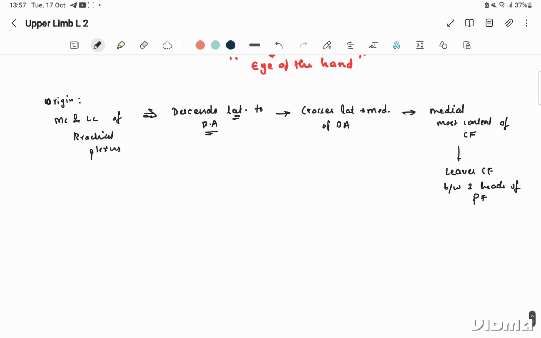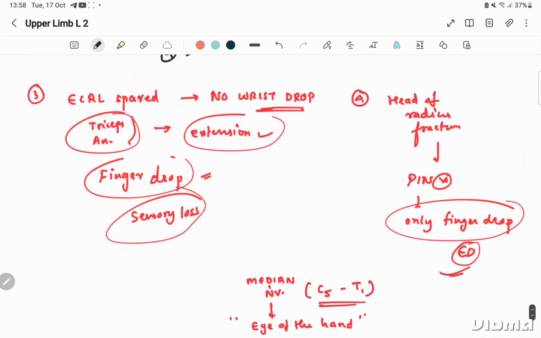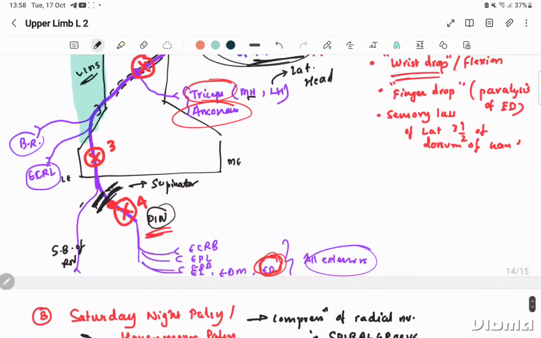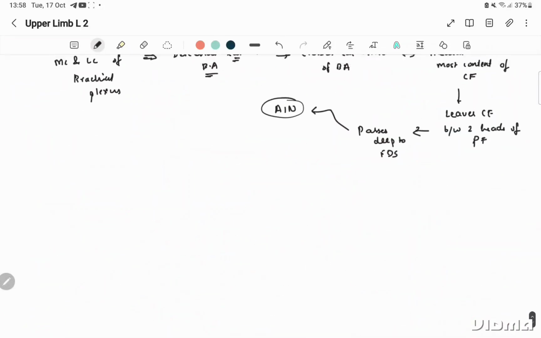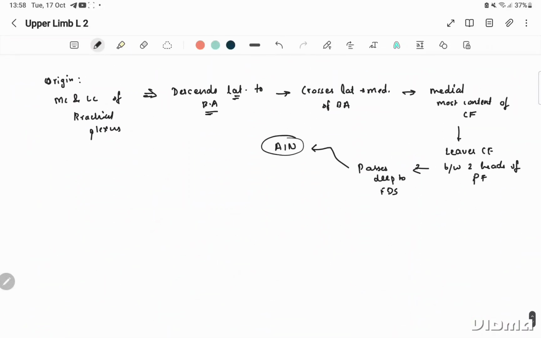Then it passes deep to FDS, flexor digitorum superficialis, and divides into two parts. A branch is given here that is called the anterior interosseous nerve. Posterior interosseous nerve was a branch of your radial nerve, but anterior interosseous nerve is a branch of the median nerve.